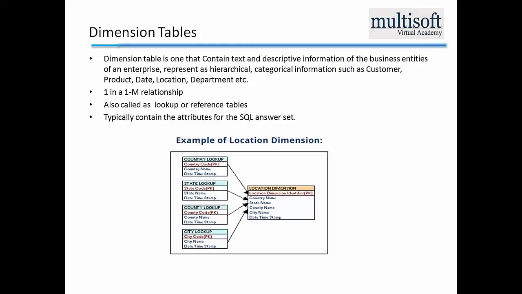For example, you are running a retail business. What information do you know about your business? You know which are the stores and where exactly your stores are, so for that you need a location dimension table. You want to know how many products you have in your retail business, so that will sit in the product entity.